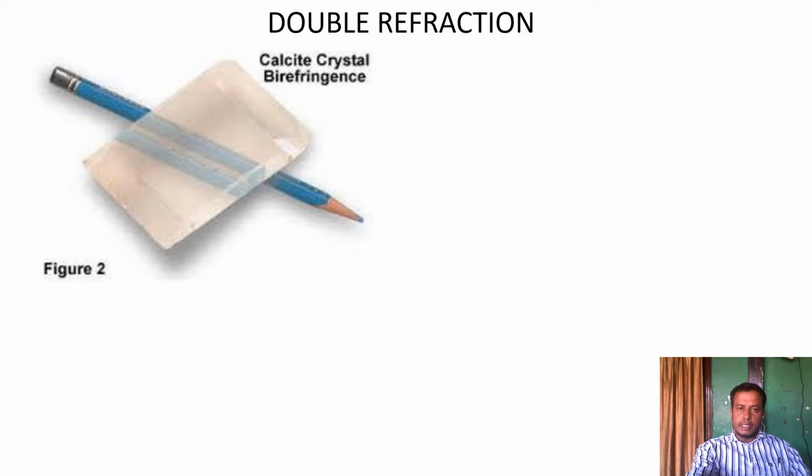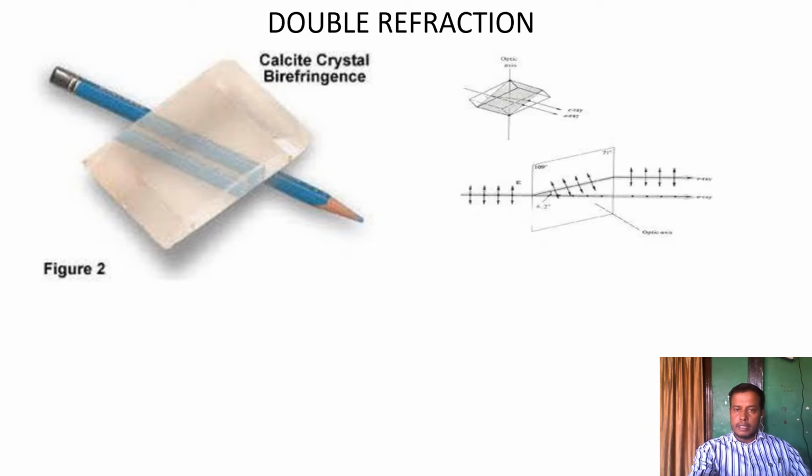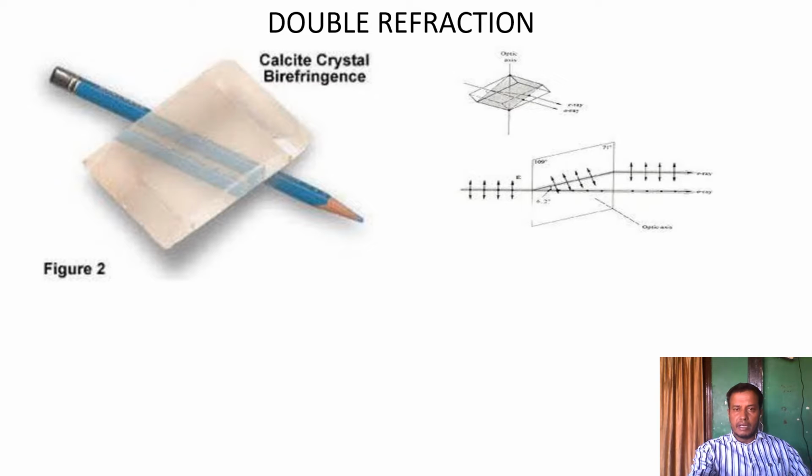Seeing this experiment, this is a calcite crystal. Underneath there is a pencil. It shows two lines: one is the main line, and another one is there. Two refraction patterns are seen in this case. So this is called double refraction. That's why it is called double: two rays are seen.